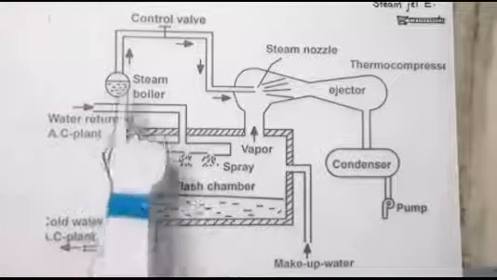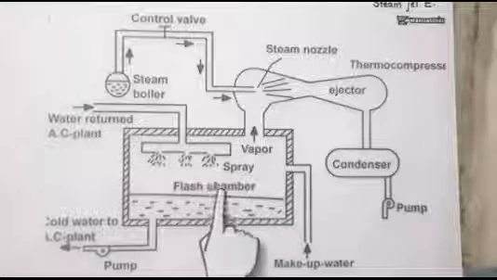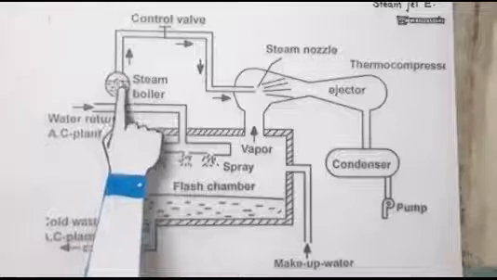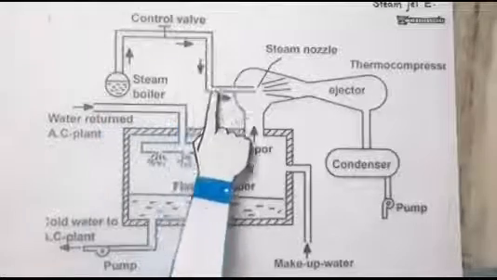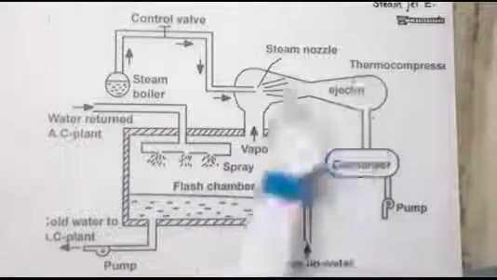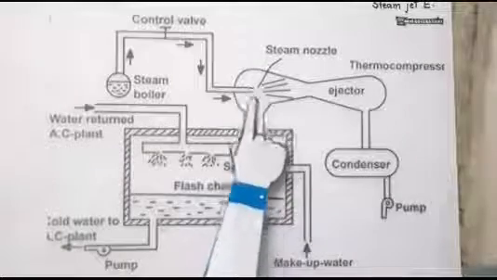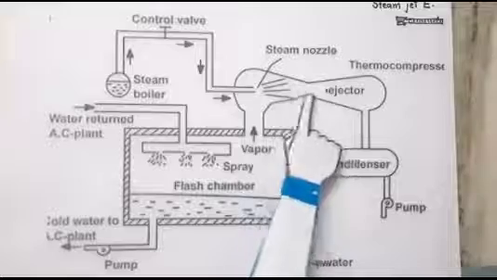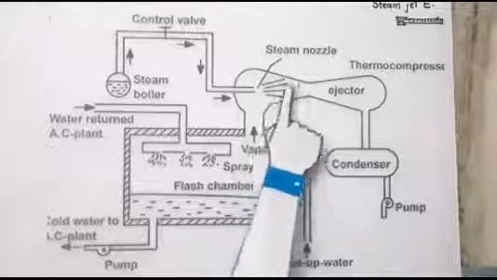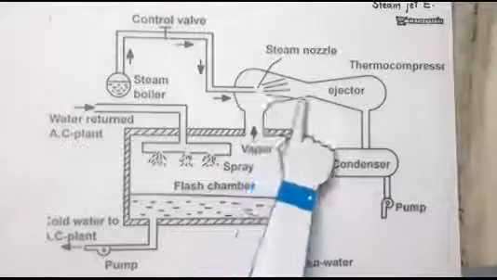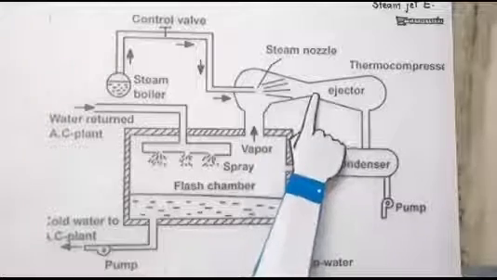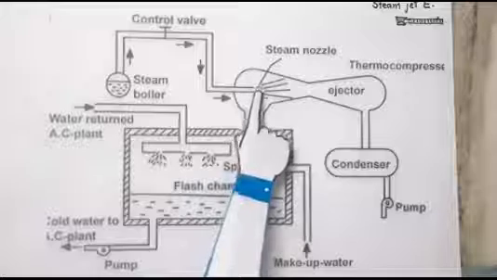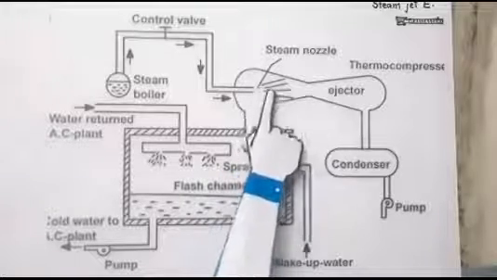So how will we achieve low pressure inside this chamber? The steam will pass through this tube and enter the ejector. Inside the ejector there is a nozzle, and just in front of it you can see a convergent and divergent nozzle system also inserted. When steam enters the nozzle and expands through it, it receives high velocity.